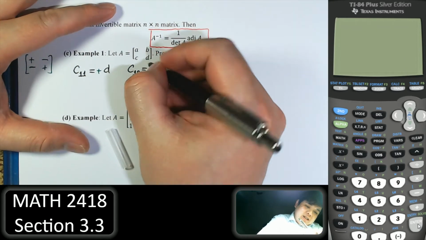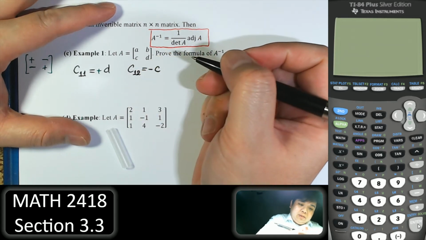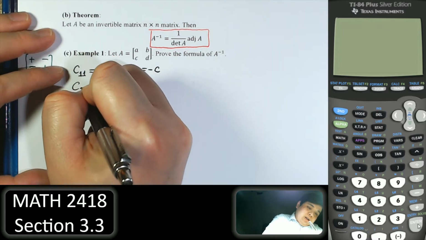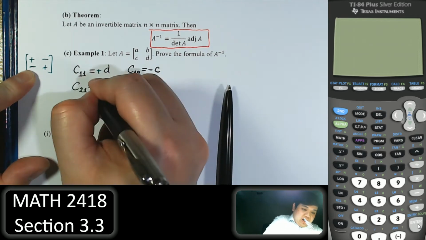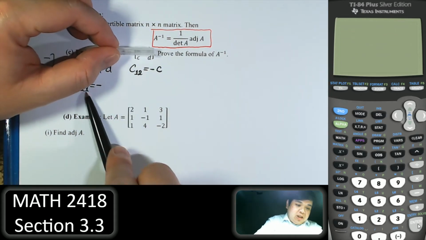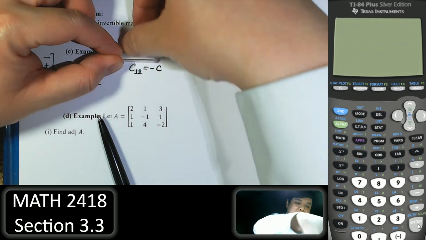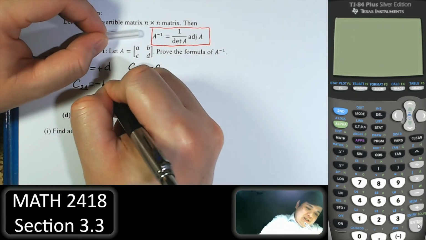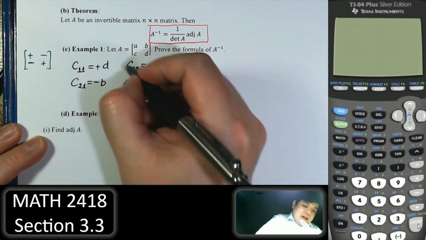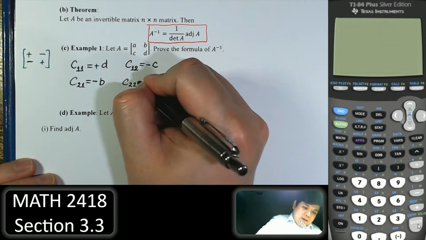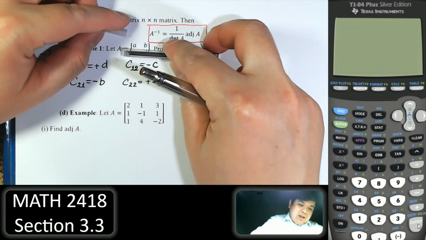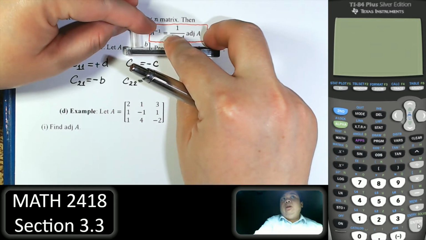So negative C. Next, C21 stands on the negative sign, and then we cover the row and the column containing the element C. So that will be B, negative B. And finally C22, standing on the plus, and we cover the row and the column containing D, and we are left with A.